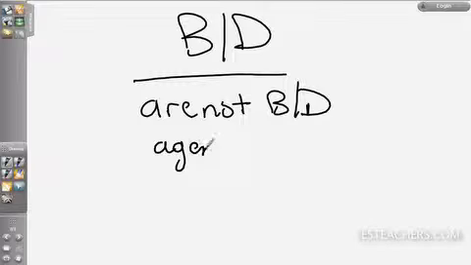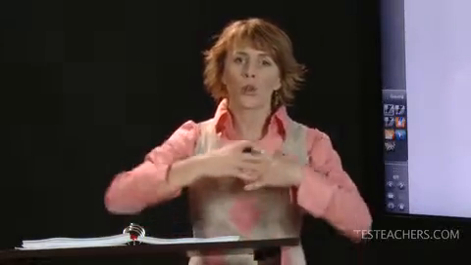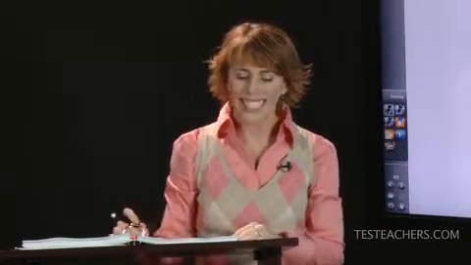Agents. Agents are not broker-dealers. You are the agent, which is not to say that you can't start your own firm, but it's Form BD that starts your own firm, and that form is filed and you create a legal entity that exists above you. Agents are never broker-dealers.